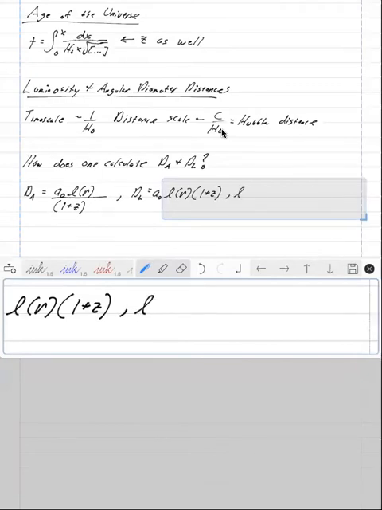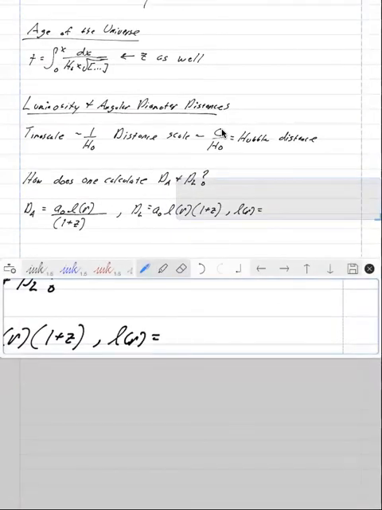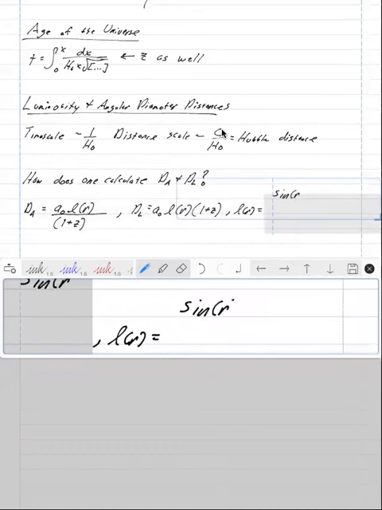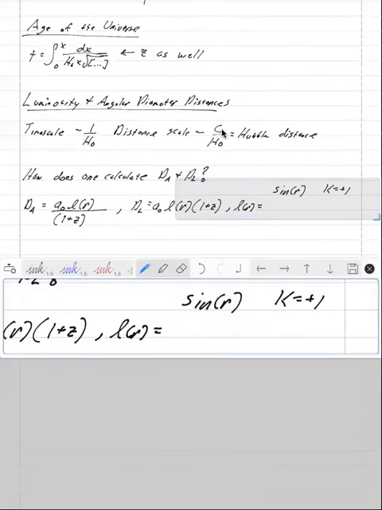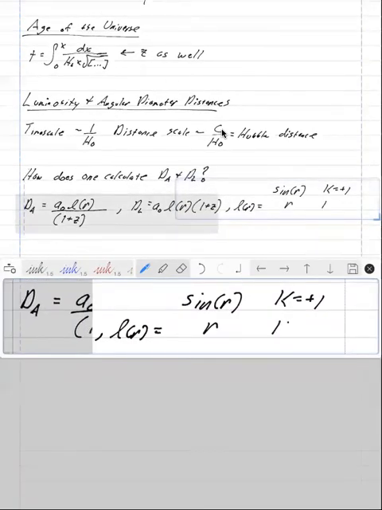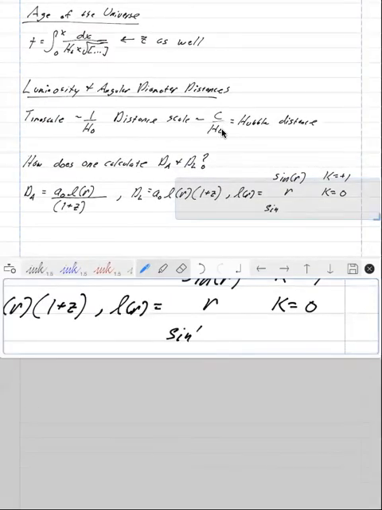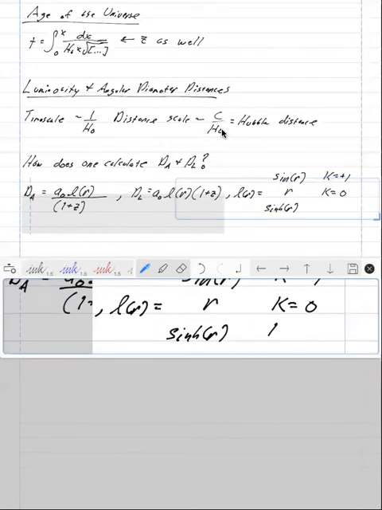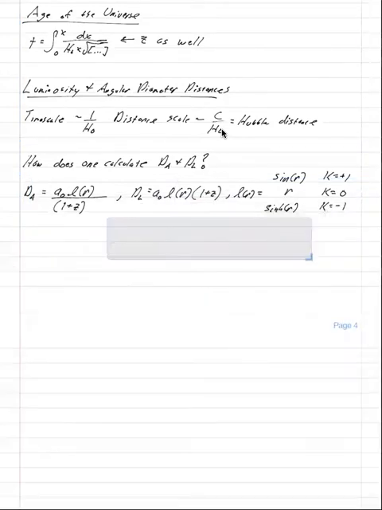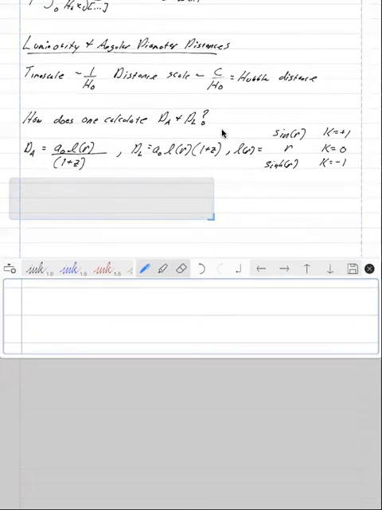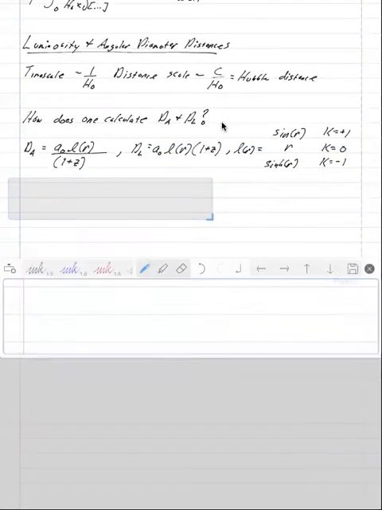And we have that this L of r is either sine of r, if k is equal to +1, or it's r, if k is equal to 0, and it's hyperbolic sine of r if k is equal to -1. Okay, and so the question is going to be, what is r? And so that's what we're going to evaluate next.